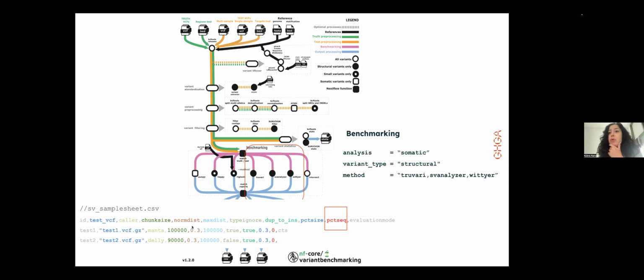So if you know your testing sample very well, you might need to apply these parameters. For example, in PCT-SEQ, when it is 0, it means that do not consider the sequence itself, but just do the comparison inferred from the genomic region itself.